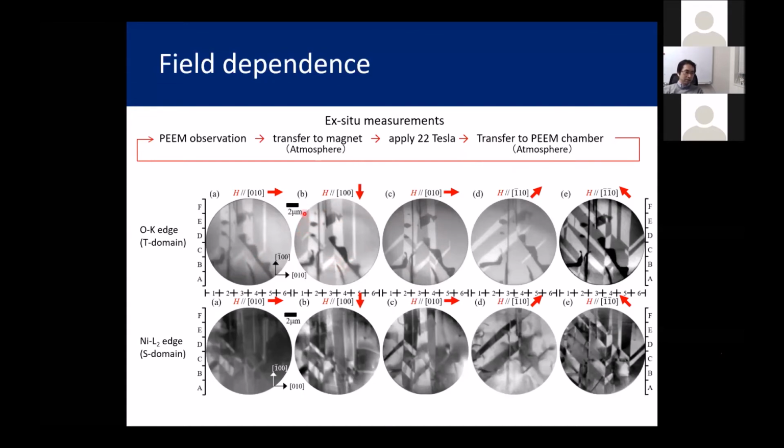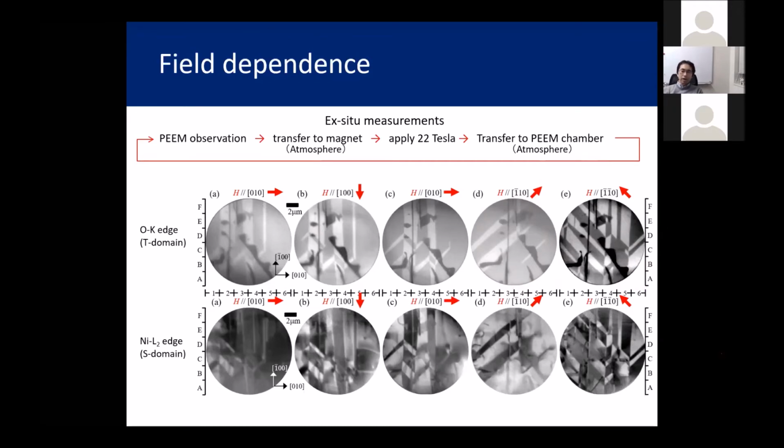You can basically focus on the gray and white pattern here. Then when we apply the field in the 110 direction, we see a remarkable change in the domain structure. And when we apply the other 111 direction, we again see a dramatic change. So this is what we observed experimentally.